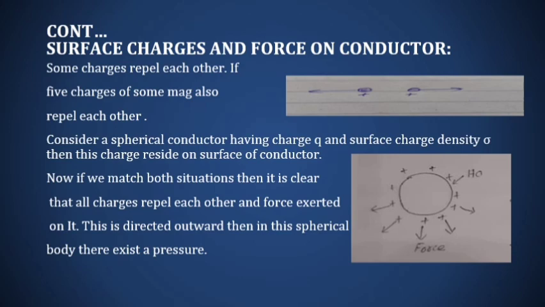So consider a spherical conductor having charge q and surface charge density sigma. Then this charge resides on the surface of the conductor. Now if we match both situations, it is clear that all charges repel each other and the force exerted on it is directed outward. Then in this spherical body there exists a pressure.